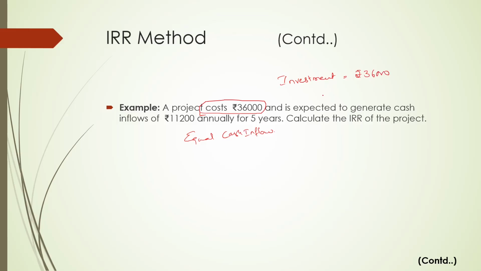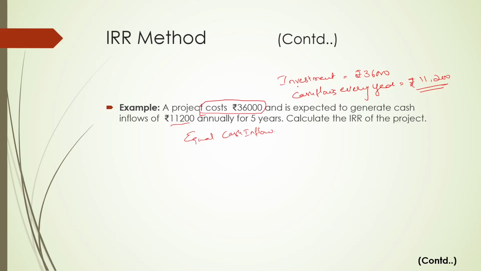Then it is also giving you some data, that you are expecting to generate cash flows every year. Cash flow every year is 11,200 rupees. Got it?